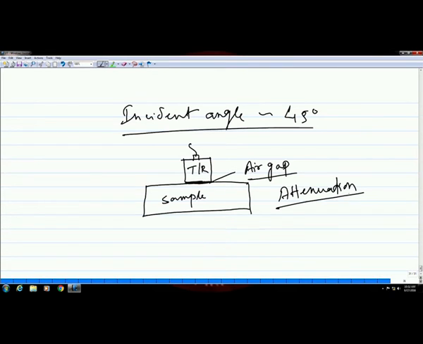So, you need to ensure if you want the entire energy of the sound waves going into the sample, and if you want to prevent this attenuation or decrease in the intensity, then you need to exclude this air gap before you could send the sound waves into the sample. Okay. So, in order to exclude this air gap, you need to apply something on this interface which will exclude the air. Okay.